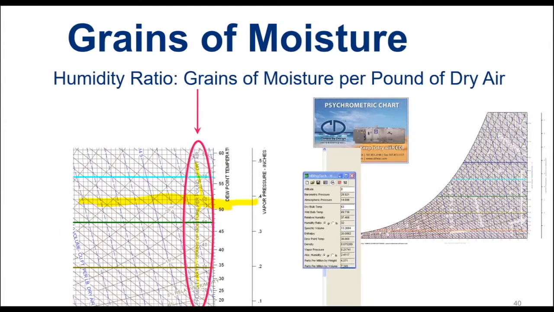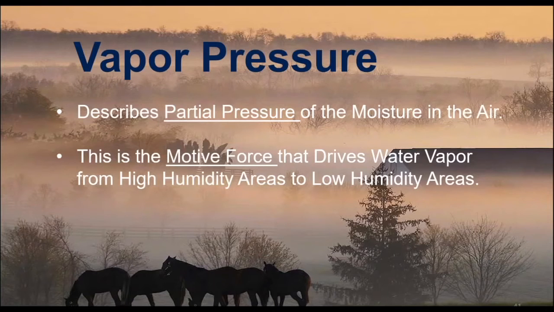So if we had that 13.5 cubic feet equaling 1 pound, in 13.5 cubic feet of air, you'd have 60 grains of moisture, which would be like 15 drops, if you can think of it. So it'll give you some kind of an idea of how much moisture a grain is. So humidity ratio, grains of moisture per pound of dry air. The next one, vapor pressure.